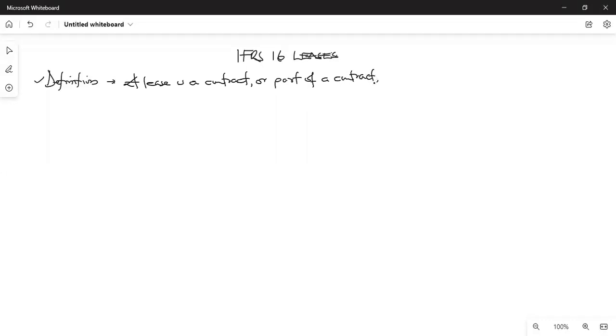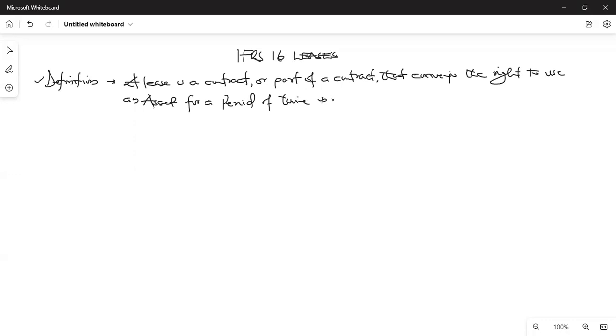And this contract conveys the right to use an asset for a period of time in exchange for consideration. So that is basically what a lease is.